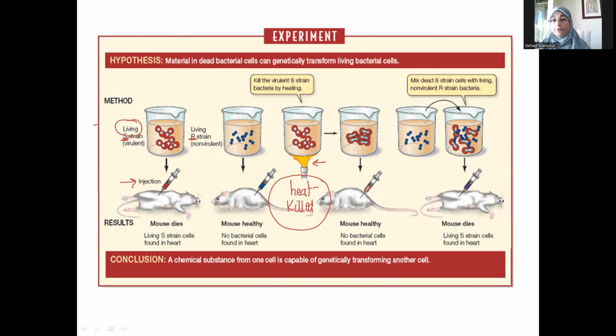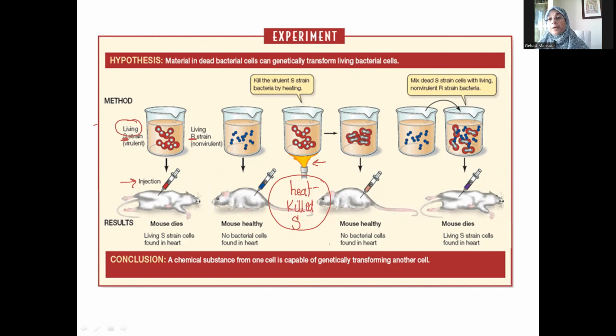And then when we inject another mouse with the heat-killed S virulent bacteria, the mouse stays healthy, the mouse does not die, and we cannot find the bacteria in the heart muscles of the mouse. And this is the essential cause of death, the reason why the first mouse died: the pneumonia was very severe and it reached the heart and caused infection of the tissues around the heart.